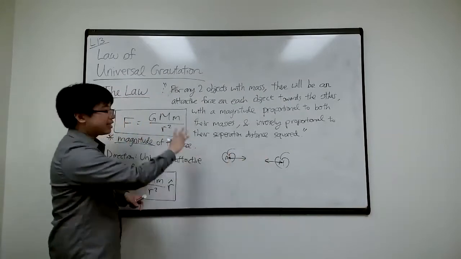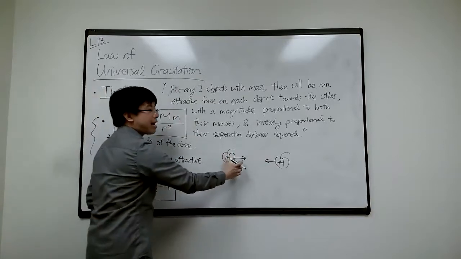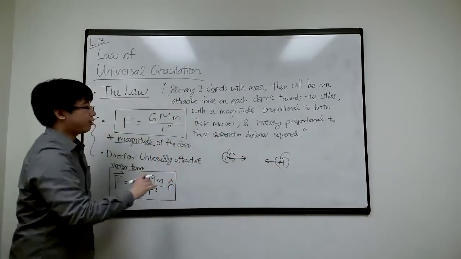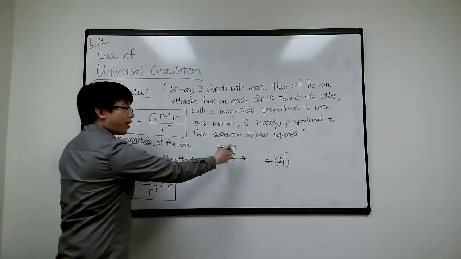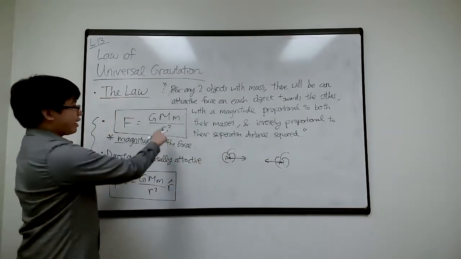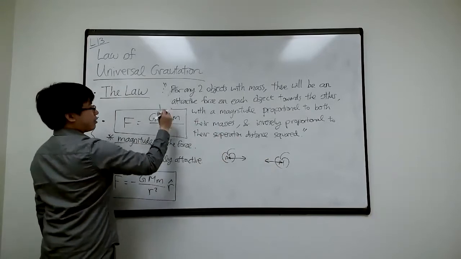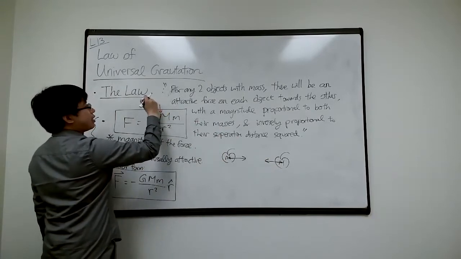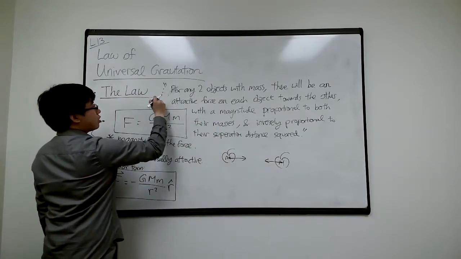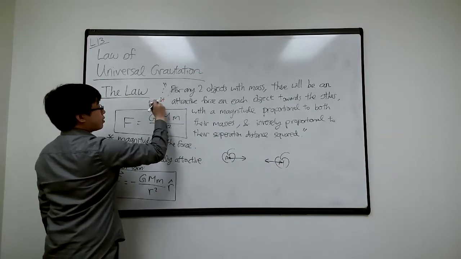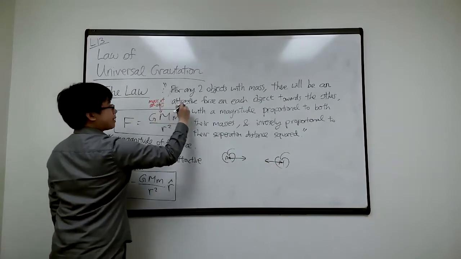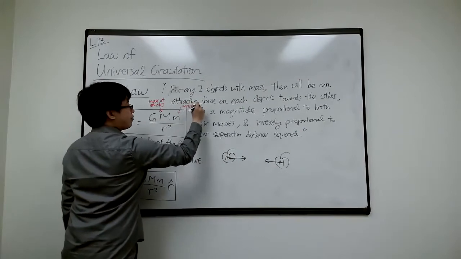So there are no negative signs with regard to the magnitude. We just talk about how long this is, since we talked about the direction already. How strong is this gravitational force? It's proportional to this. So let's label these things. This is the mass of the first object. This is the mass of the second object.